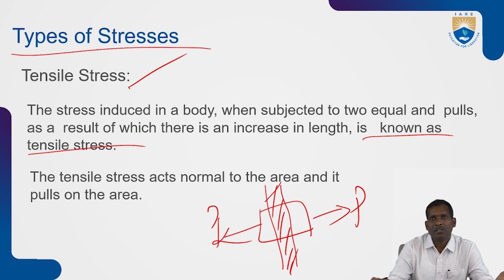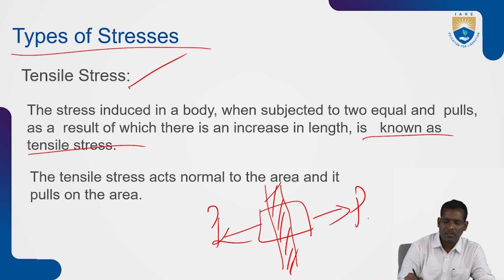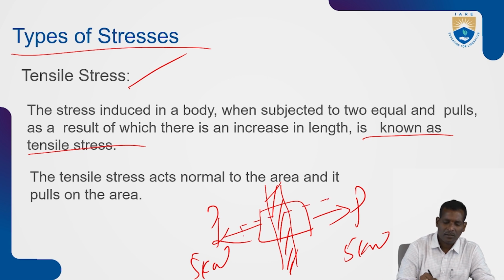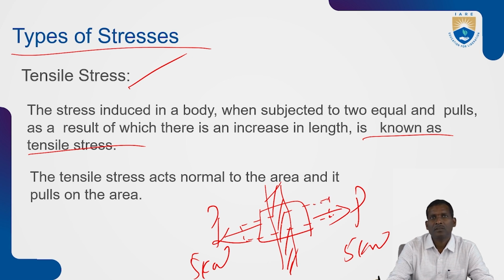The stress induced in the body whenever subjected to two equal and opposite loads, for example 5 kilonewton and 5 kilonewton. In this there is an increase in length, known as tensile stress.